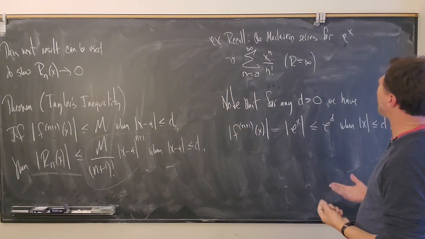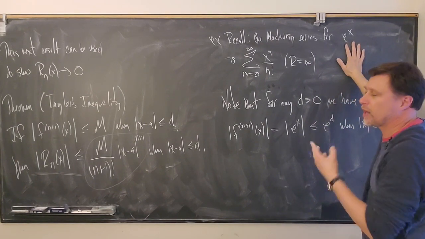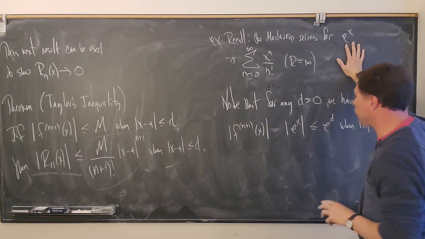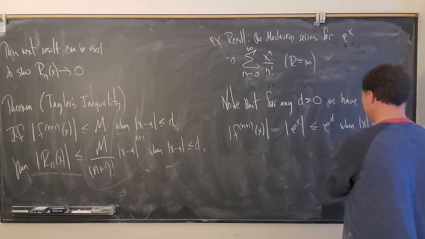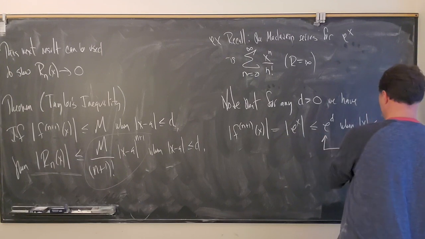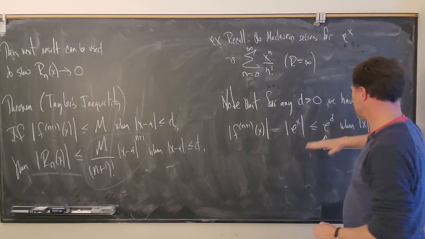Because the exponential function has such a simple form, or I should say its derivatives have a nice form, when you take the derivative of e to the x, you get e to the x. This gives us an easy way to find our M value. The n plus 1th derivative is less than e to the d.